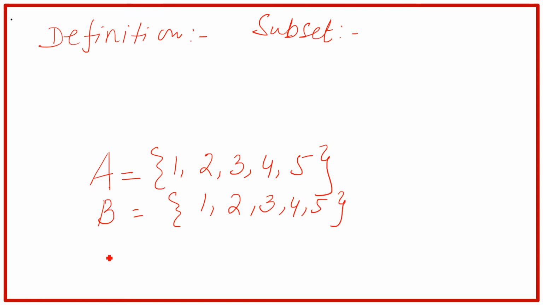So we can say that A is the subset of B, because each and every element is same. 1, 2, 3, 4, 5. A has same elements, B has same elements. So the set A is the subset of B.